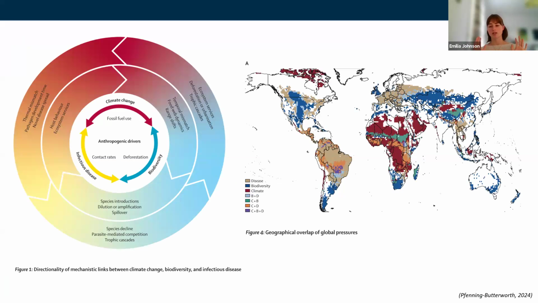But this is just a figure I nicked from a recent Lancet review that was looking at the bi or tri-directional linkages between climate change, biodiversity, and infectious disease. So there are some huge wins to be gained from looking at where these global pressures intersect. And yeah, I think that speaks to where acoustic monitoring could provide real value.